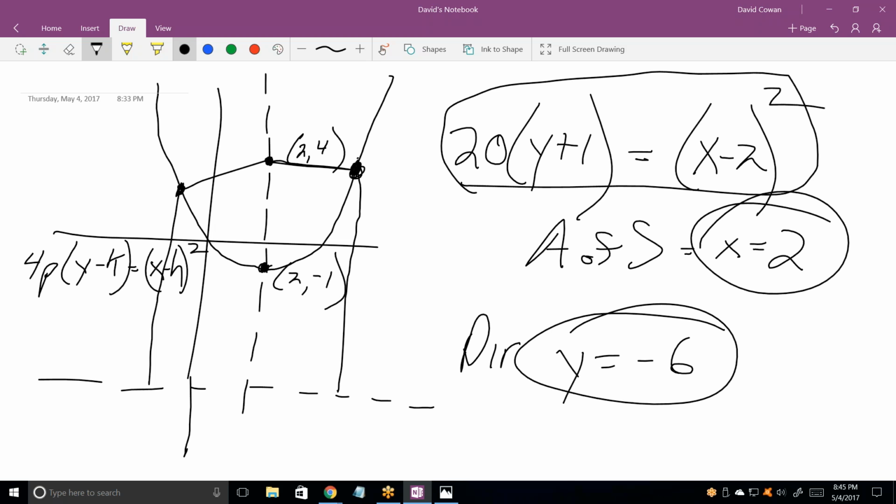Really? That is the true definition of a parabola. It's the locus of points that are equidistant from a focus and a directrix, as opposed to it being the graph of a quadratic, which is kind of the old definition of it.